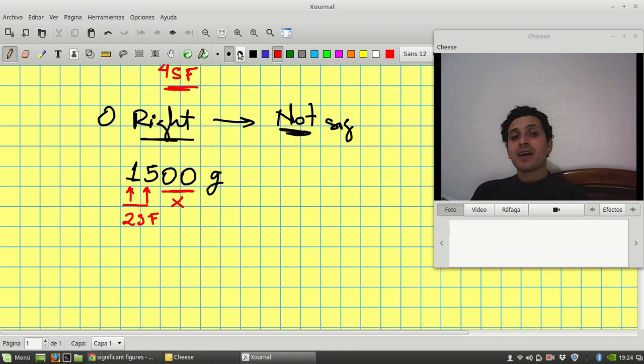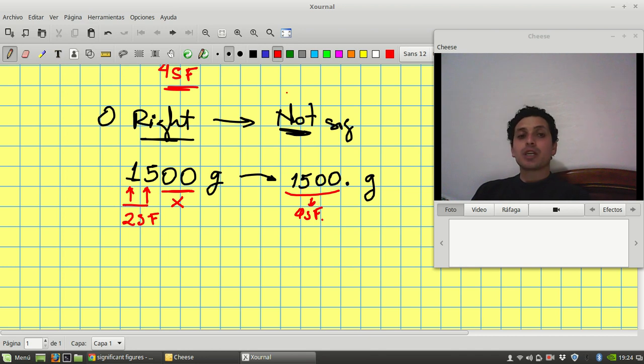However, there is a way to make zeros to the right significant. The first option is to put a decimal point. So you can use 1,500 and put a point here, and with this decimal point you're telling that the zeros are significant. We have 4 significant figures.